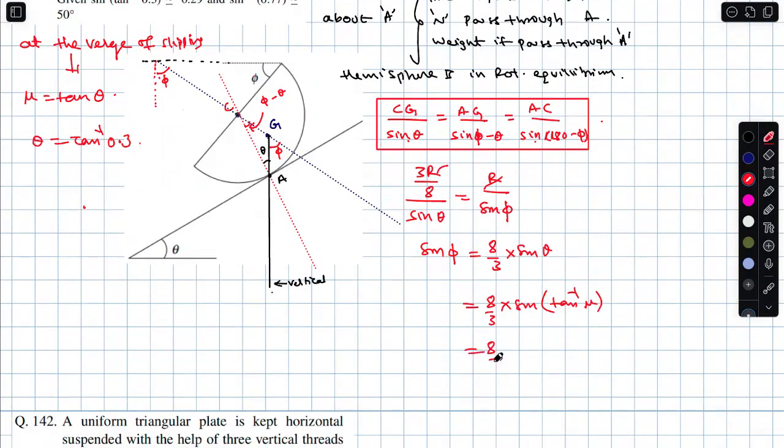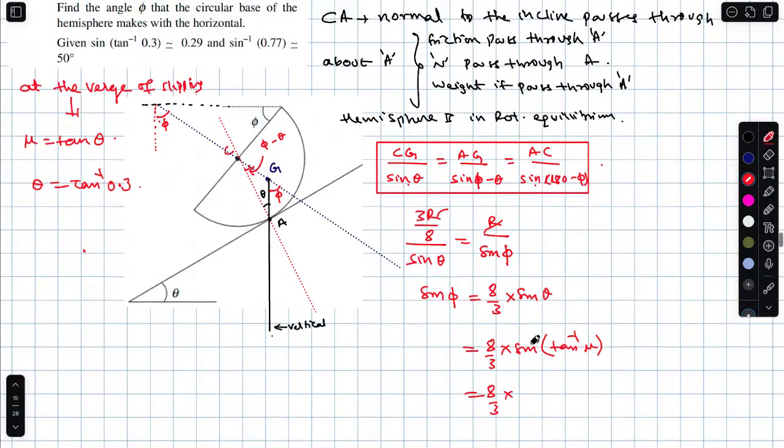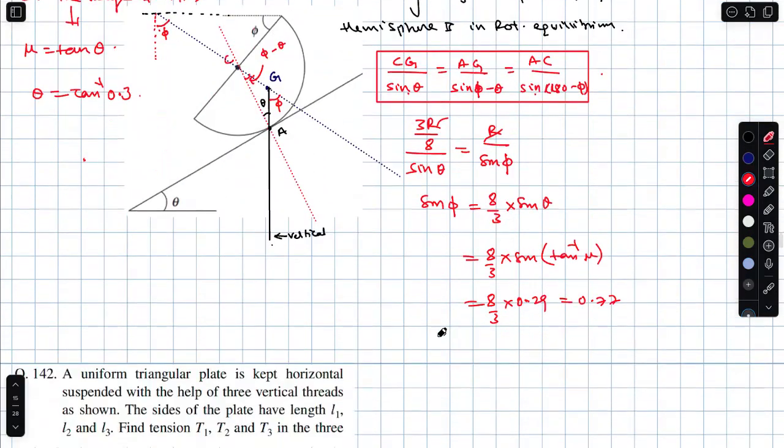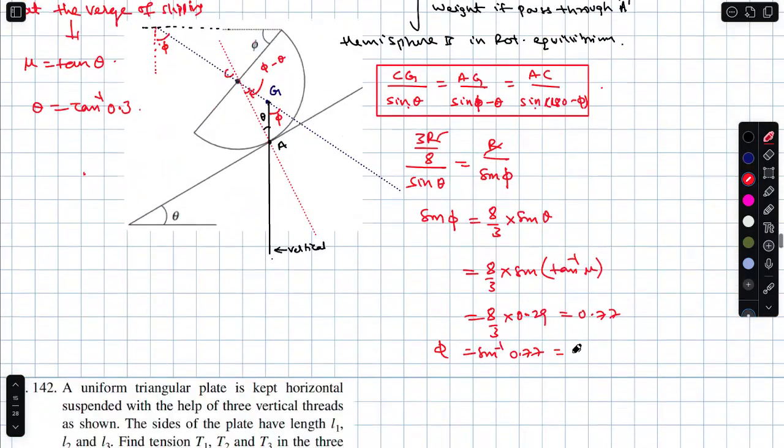So 8/3 times 0.29. If you solve this, you get 0.77. So 5 is sin inverse 0.77. So that is nearly 50 degrees.